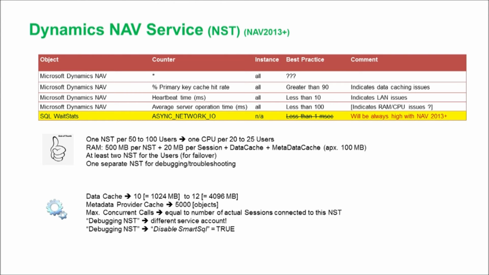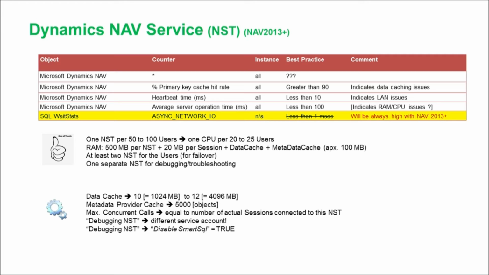You should have your debug instance. In this debug instance, you can disable Smart SQL. It has been introduced in the more or less recent hotfixes, I think around the middle of this year. And if you disable smart query, you don't get these monster queries.